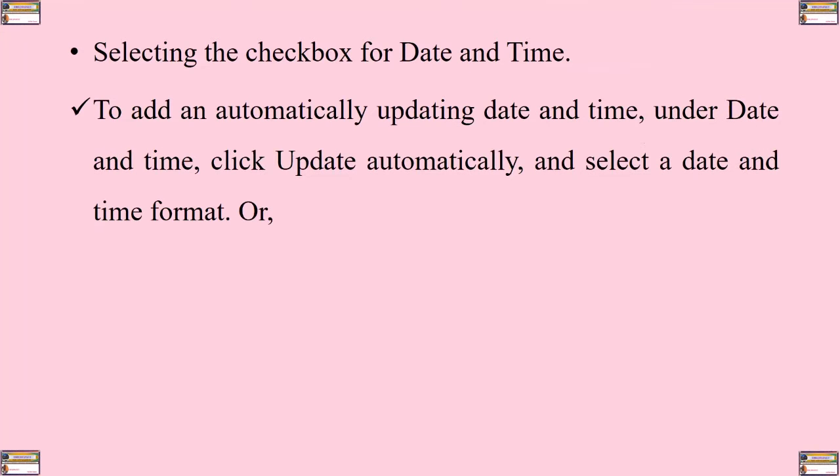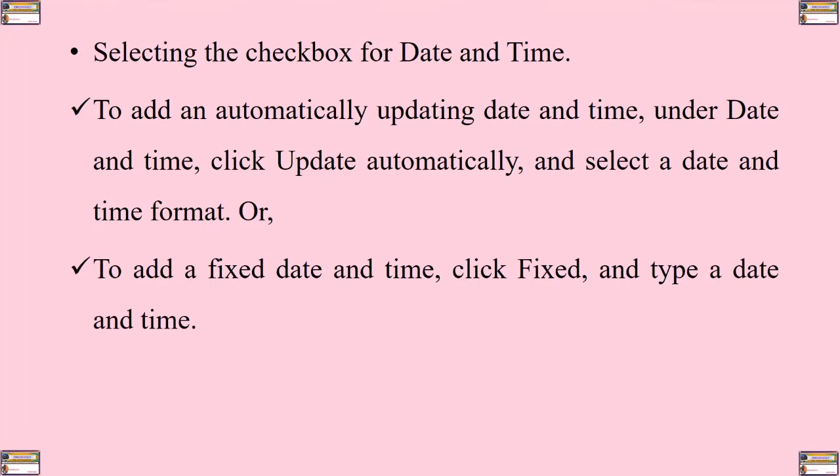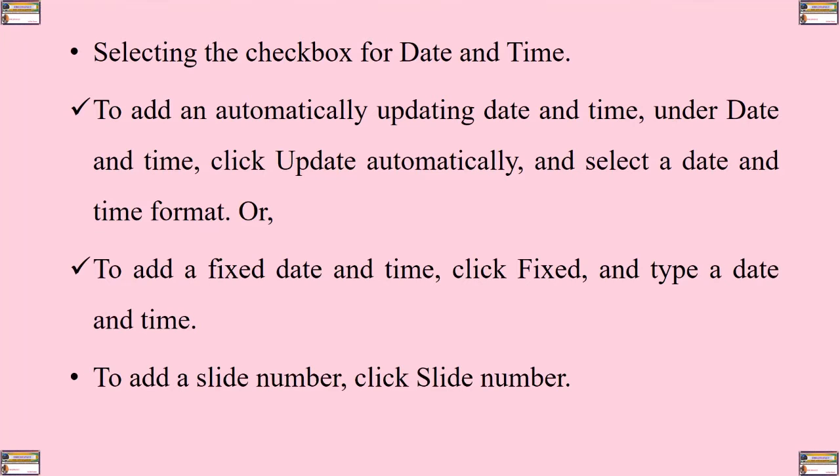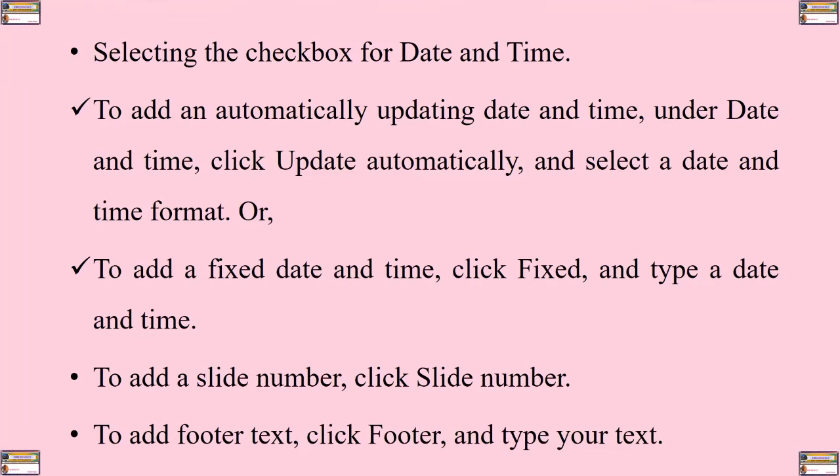To add an automatically updating date and time, click Update Automatically and select a date and time format. Or to add a fixed date and time, click Fixed and type a date and time. To add a slide number, you click Slide Number. To add footer text, you click Footer and type your text.